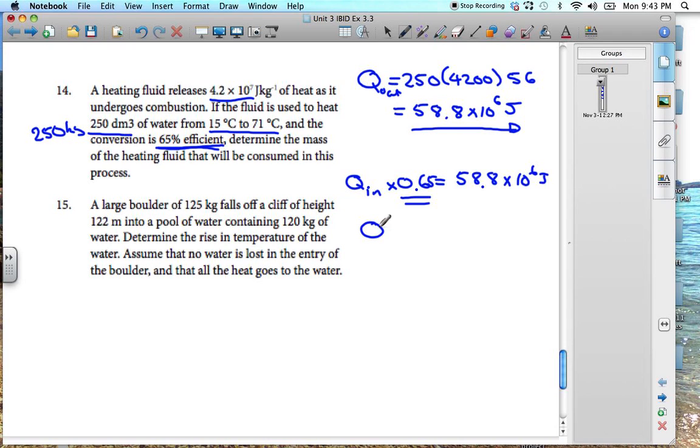So the energy that was actually supplied, or the energy that was from the heating fluid, is actually 58.8 times 10 to the 6 joules divided by 0.65. So I'm going to divide this by 0.65, and I get this value over here.